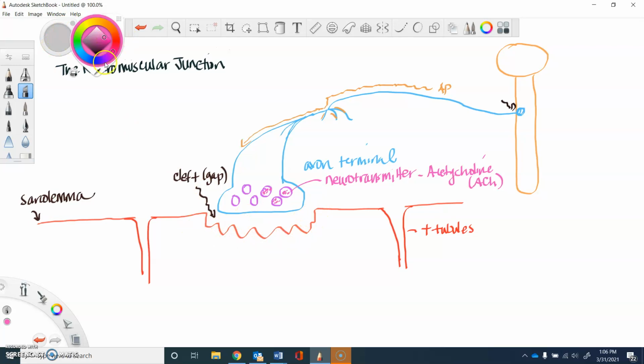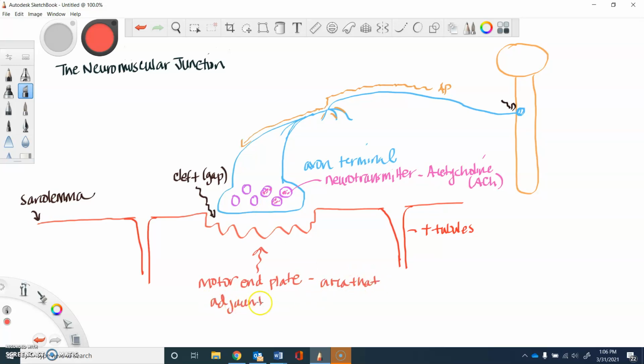Now this part of the muscle cell is called the motor end plate. And the motor end plate is the area that is adjacent to the axon terminal of the neuron.